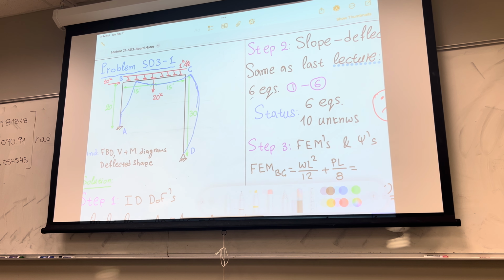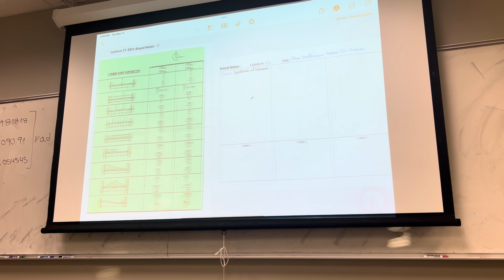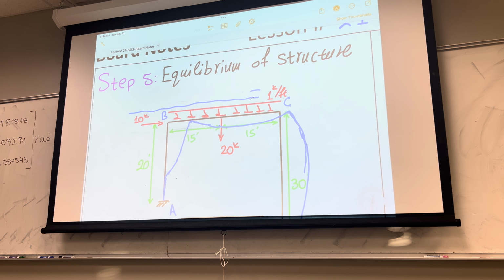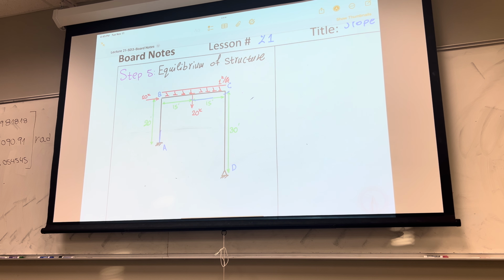Let us copy our system. So this is our system.